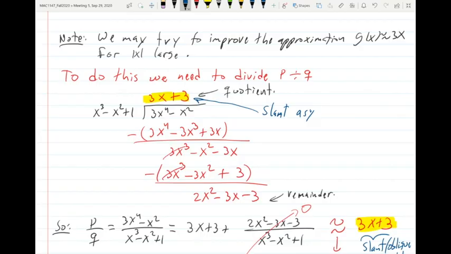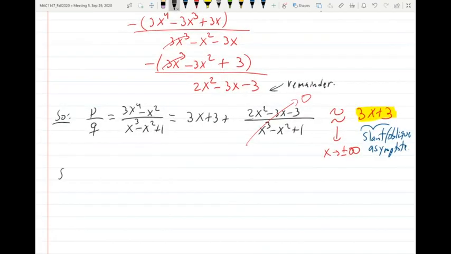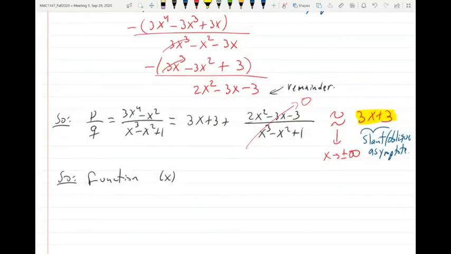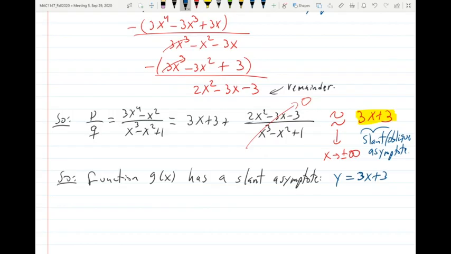So the function g, it has no horizontal asymptote, but it has a slant asymptote, namely y equals 3x plus 3. Okay, so that means when x is big, we're getting closer and closer to this line. Okay, so we're gonna see what that means when we start graphing.